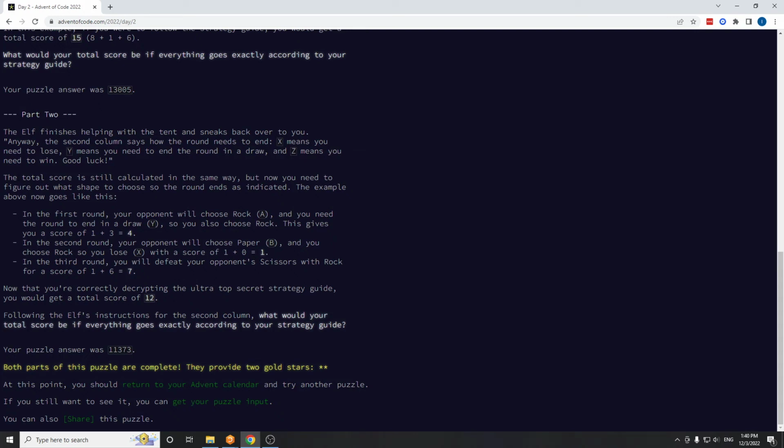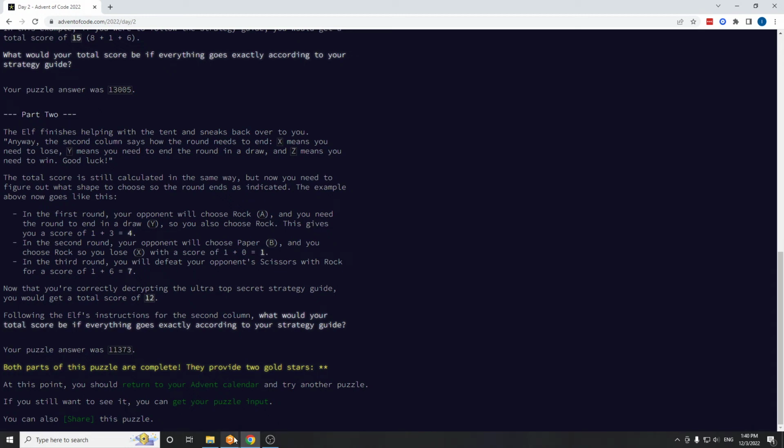And then, given the match result, we need to figure out what to throw, or what move to make, in order to attain that match result. And we calculate the total score for each round in the same way. So we get points for our move, and we get points based on the match result.